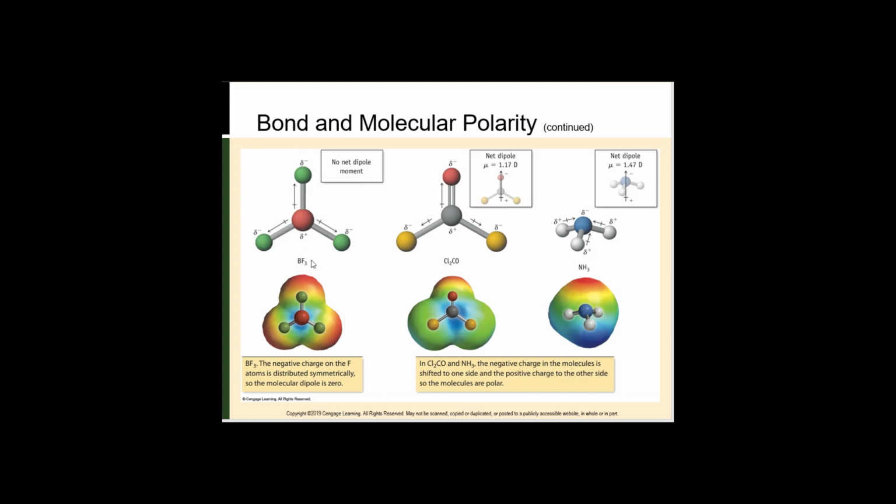Here are some more examples. If we look at BF3, the B and F bonds are quite polar because we know F is very electronegative compared to boron especially. Boron is a 2 and fluorine is a 4. The molecule itself though is nonpolar because the 3 F atoms around the B atom all have the same electronegative charge.